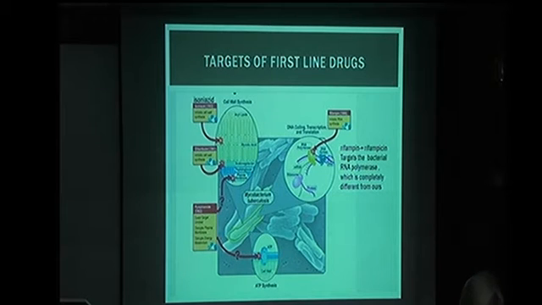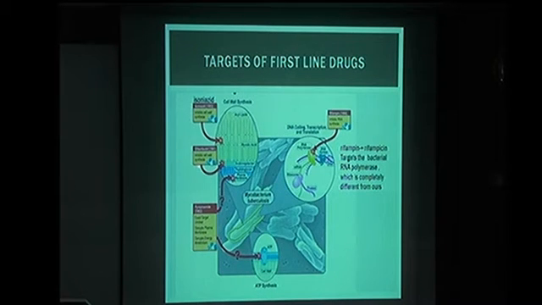The targets of the first line drugs all attack critical molecules for the proliferation of the bug. So we have isoniazid, which inhibits cell wall synthesis of the bacteria. Rifampin targets the bacterial RNA polymerase, which is completely different from our RNA polymerase.